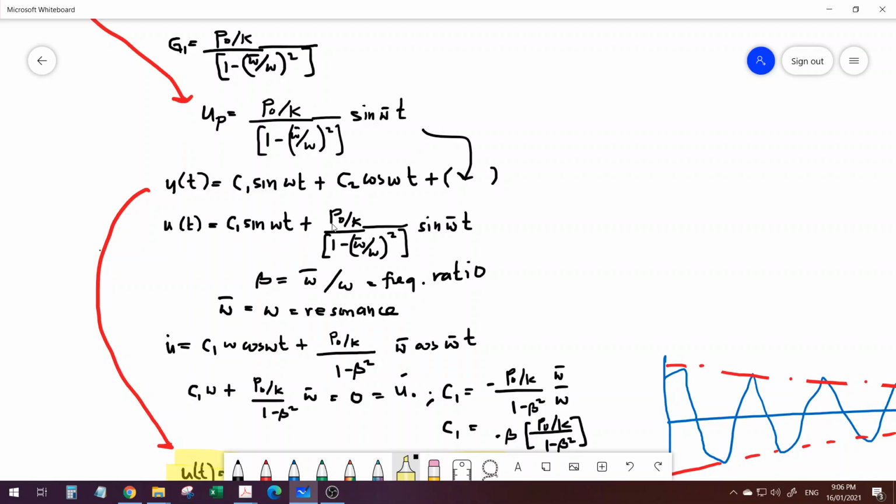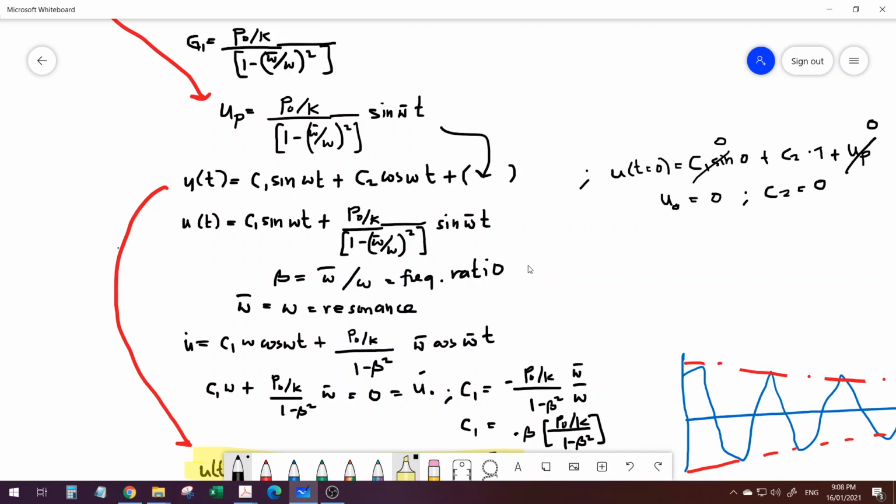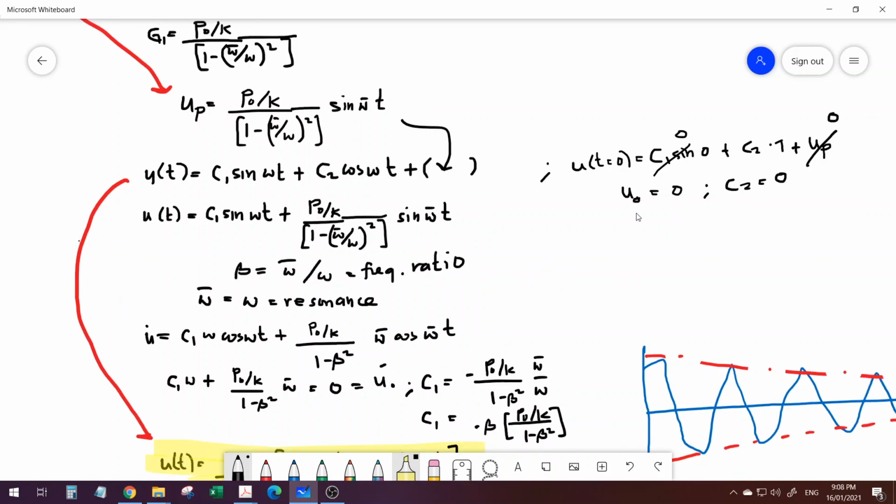Okay? But then plug in the condition that u at time 0 is equal to 0. So using our initial condition u naught, u at time 0 is equal to 0, so I'll plug in here. U at time equals 0, so C1 sine 0 because our t is 0, C2 cosine omega 0.